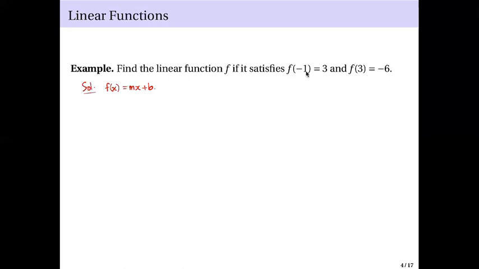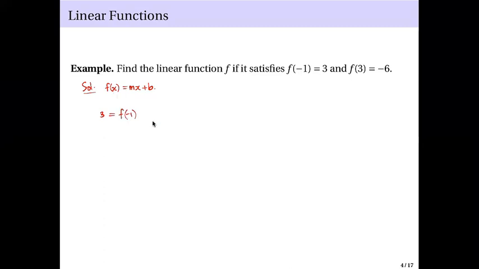And then we use the information that we have here. It is said that if we evaluate f at -1, the value of the function will be 3. So you have f of -1 equals 3. I just wrote it this way.